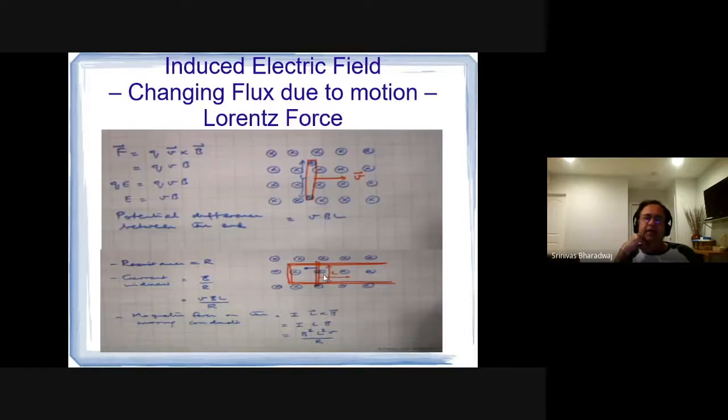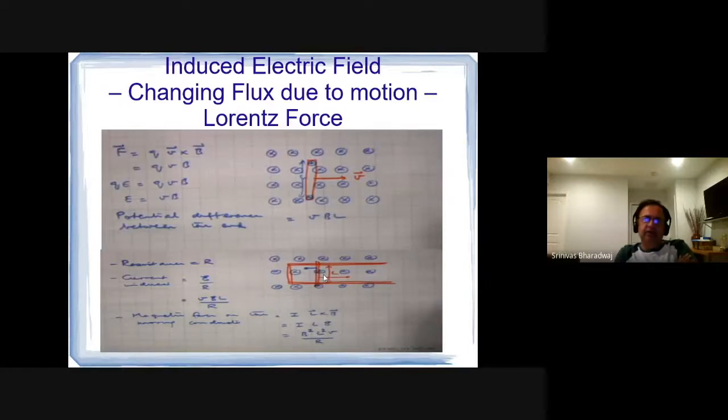So now we are looking at the value of that induced current, or in this case we're trying to determine the corresponding force. That force, I times L cross B, is the Lorentz force, and the corresponding I is the induced current.